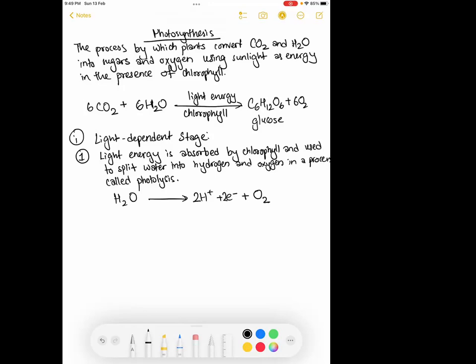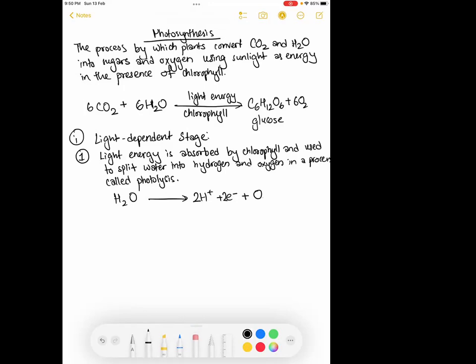Why did I even write O2? You don't need to learn this equation, but I still wrote it.